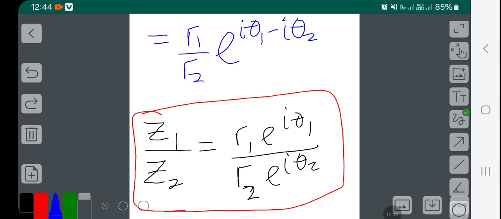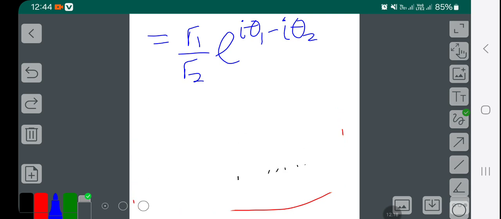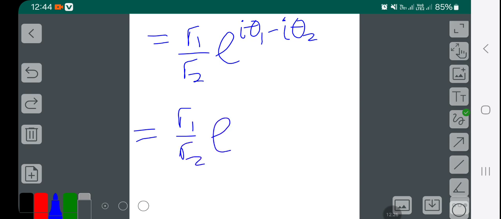If we move on with this formula, let me wrap this part. I hope you did copy it. It's going to be equal to r1 over r2 times e, then we can factor out the i, which is your imaginary number, giving theta 1 minus theta 2.